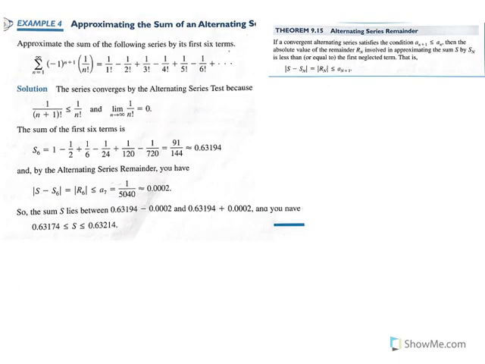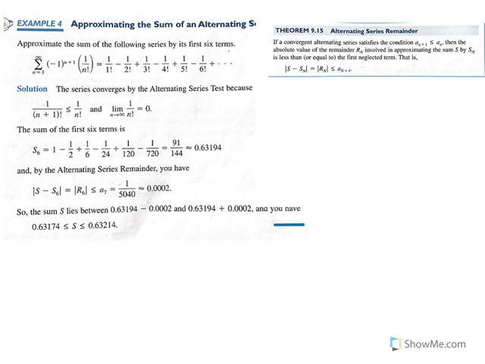So here we have example 4, approximating the sum of an alternating series. The instructions are, approximate the sum of the following alternating series by finding its 6th partial sum. So we have an infinite alternating series from the first term going all the way to infinity.